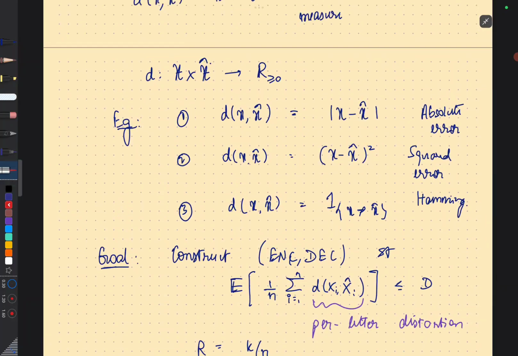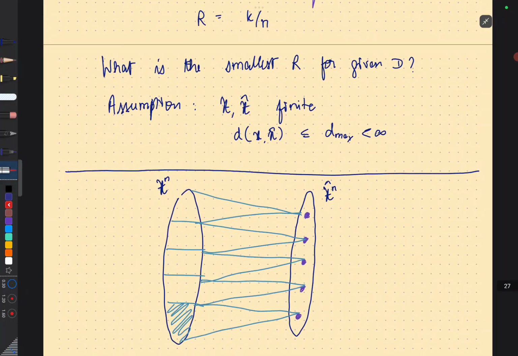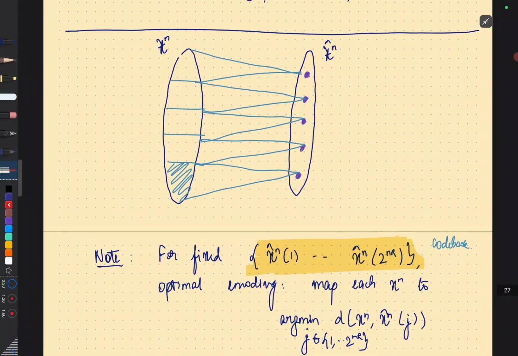What we'll eventually show is that the optimal rate will be given by a mutual information. So how do we show this? First we want to analyze some particular coding scheme. One way is to look for the optimal coding scheme directly that minimizes the rate.